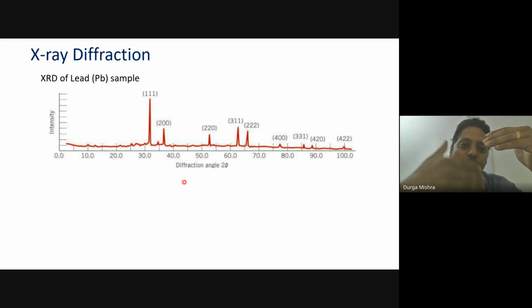Let's say you start from 10 degrees, so you go to 10, 10.5 in 2 theta. Accordingly, theta will go from 5, 5.25. If the step is 0.5 in 2 theta, the corresponding angle in theta will be half of that. That way you will capture the whole X-ray pattern.